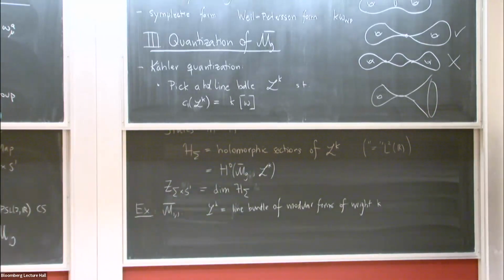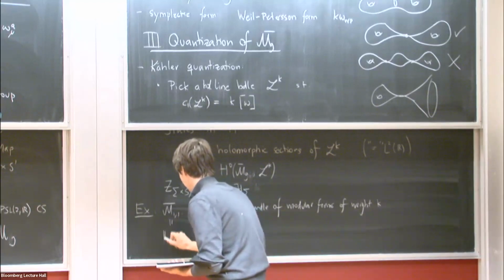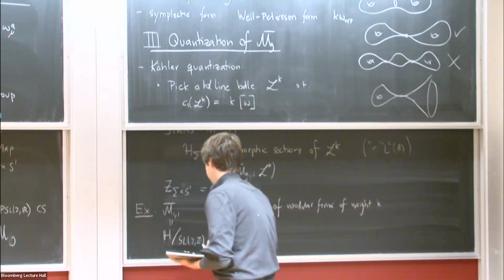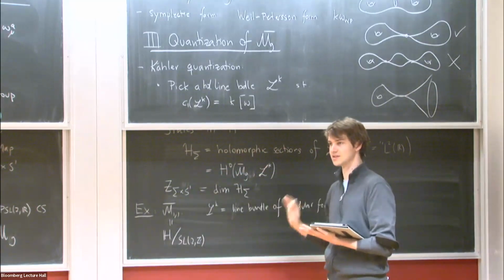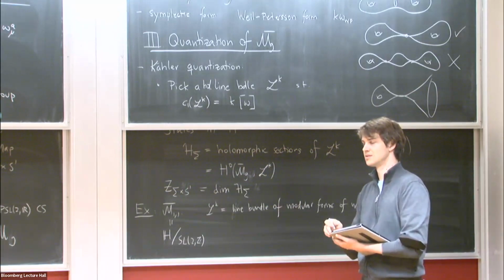So what is M11? It's the torus with one puncture. You just need the puncture because the torus has a U1 times U1 isometry group, so to make it stable in mathematical language, you need to fix one puncture. But you don't have to worry about this. This is literally just the upper half plane mod SL2Z. Normally, we say that the moduli space of a torus is the upper half plane mod SL2Z.